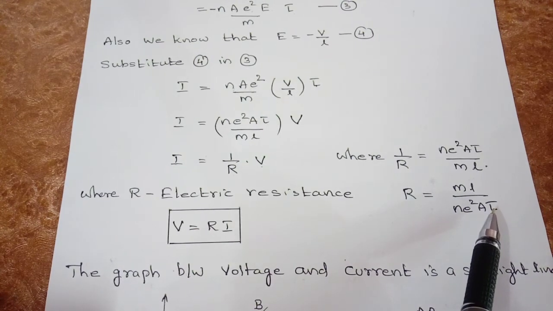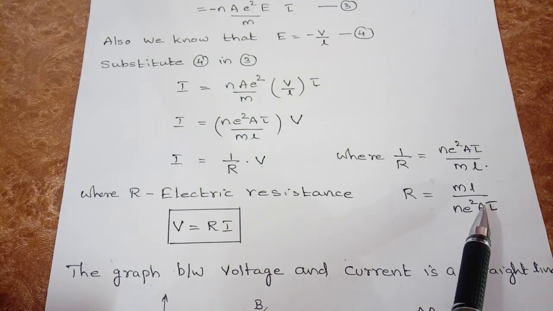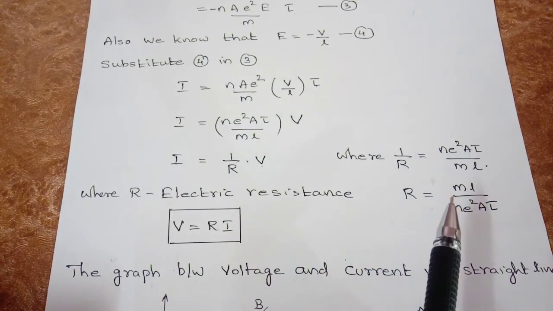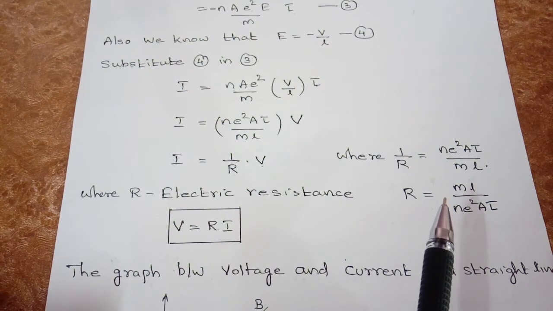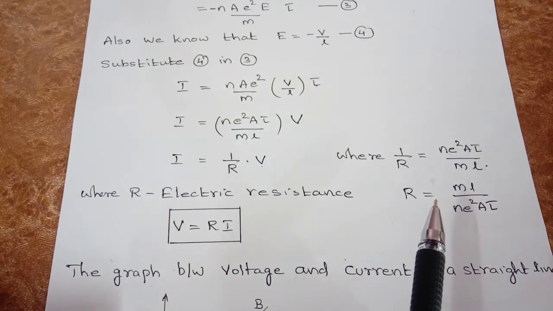That is what tau is. Now just think about an increase in the temperature. As the temperature increases, what happens to free electrons? The free electrons gain more and more energy, and their motion becomes energetic. When their motion becomes energetic, the frequency of collision increases.